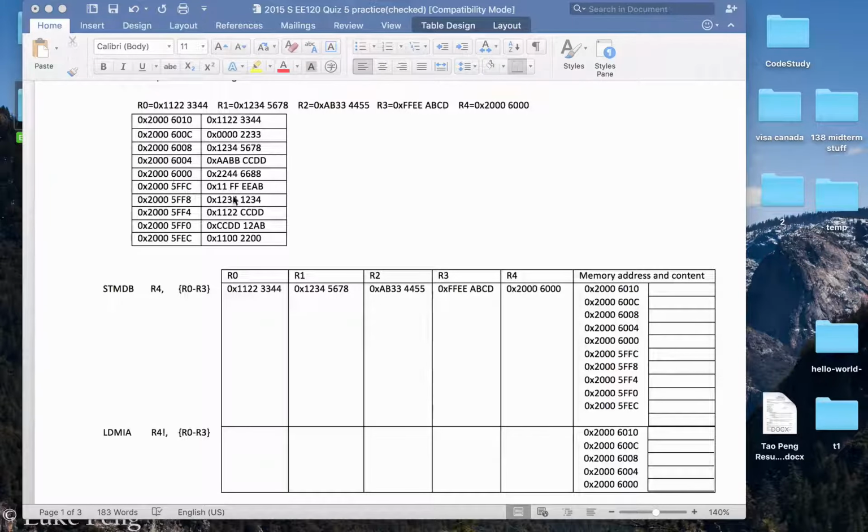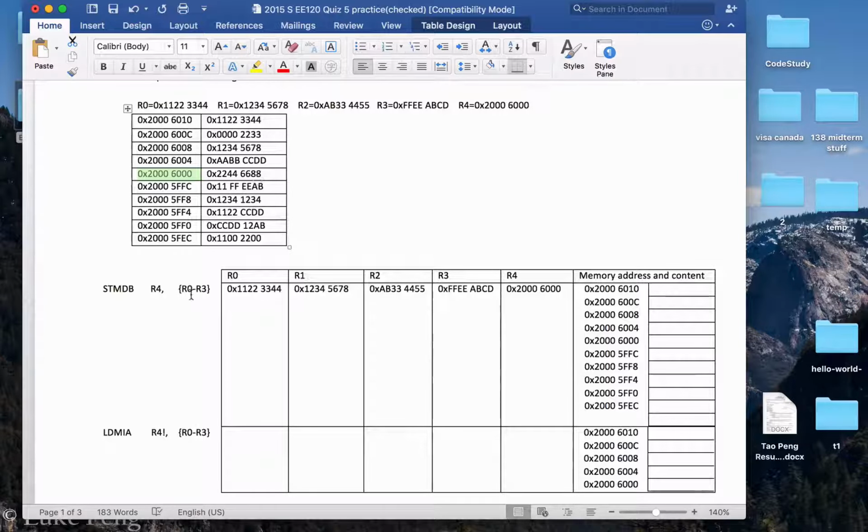This is my memory bank. I go to here, 20006000. I go to my memory location, find the same value as R4, which happens to be the address here. So I use the pointer to point to here.